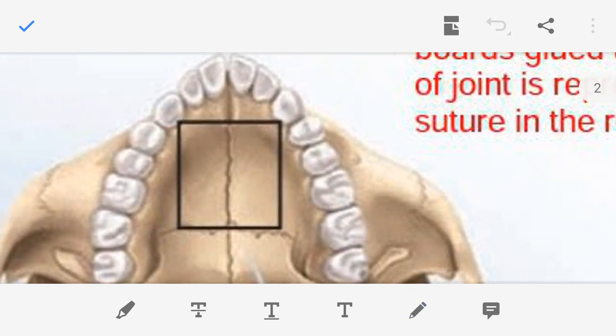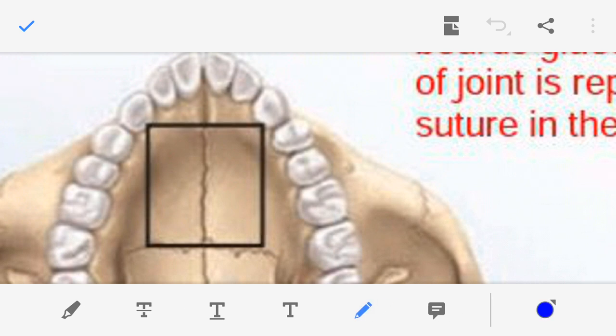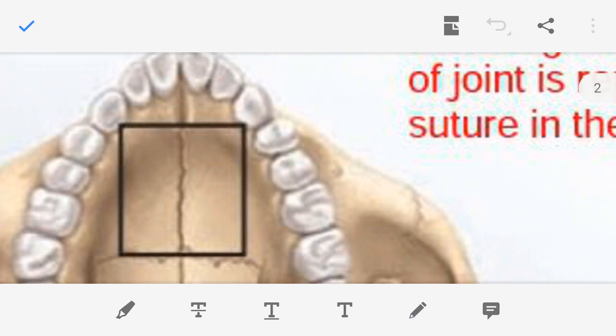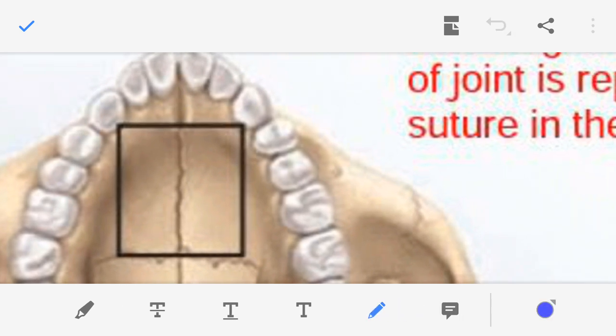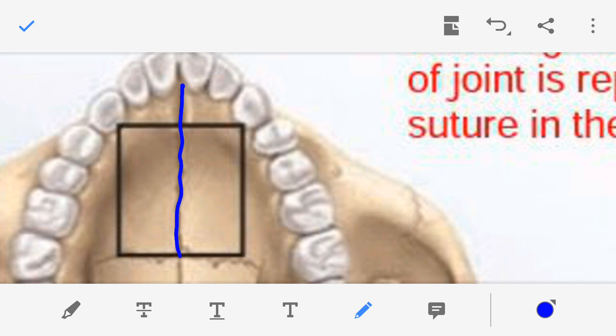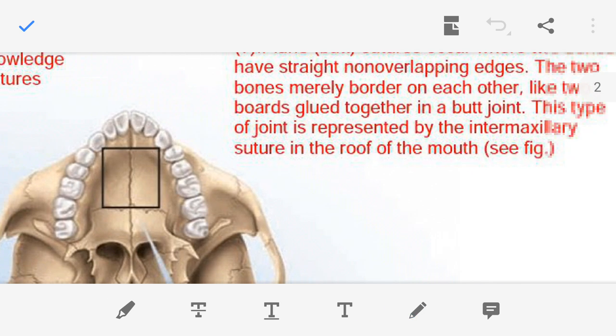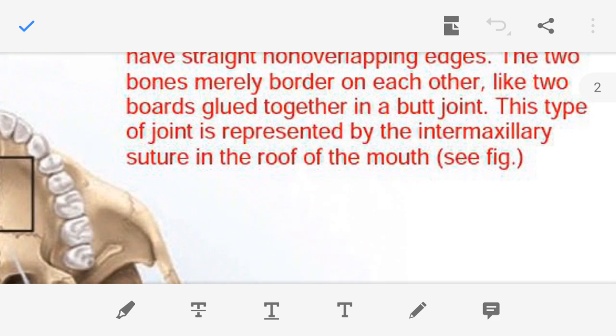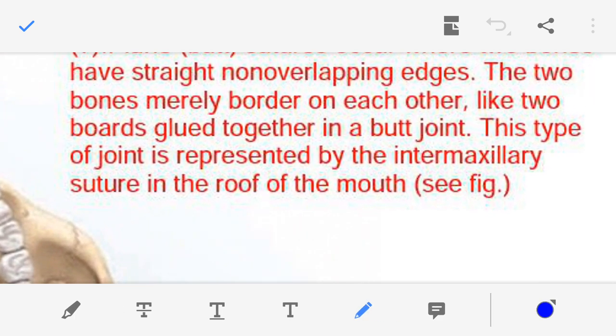Now you see the borders of the two maxillary bones are just touching each other, and this suture present between the two maxillary bones, so we can say it is in between, that means intermaxillary suture.